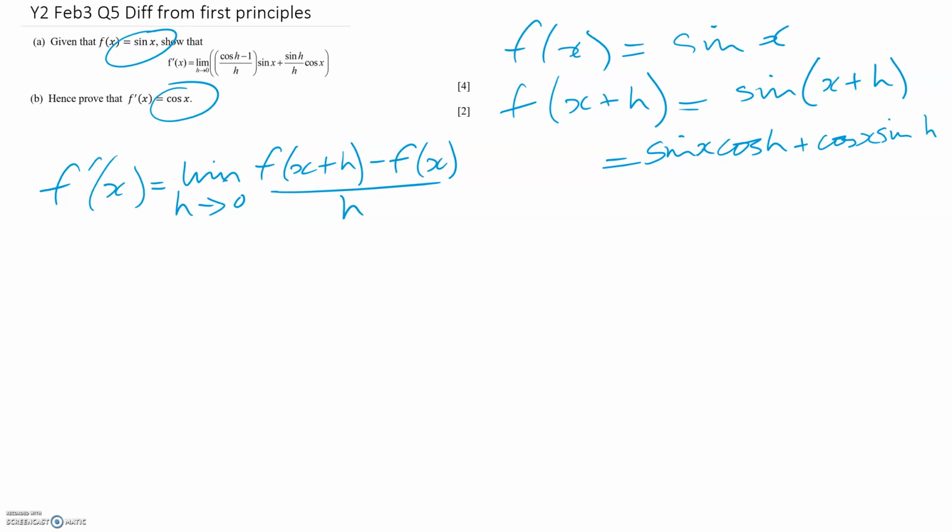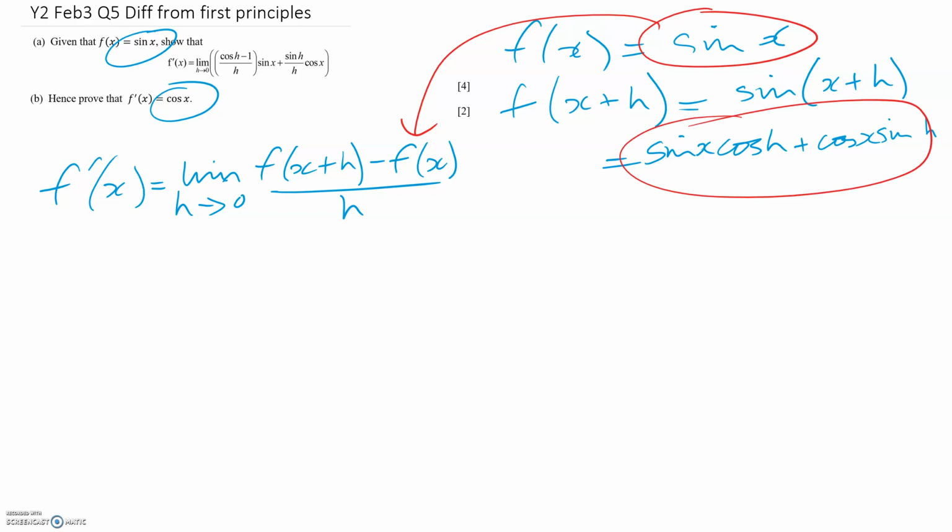So f(x) is here, so that goes there. f(x plus h) we've just done here, and so that is going to go in there, and h is going to stay exactly as it is. But write it out really carefully, really clearly, showing each step of your working out.